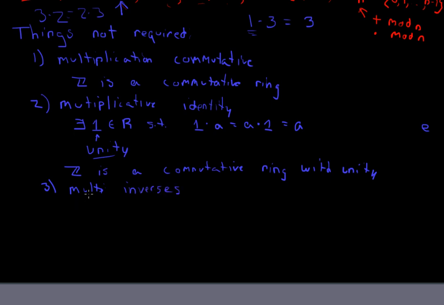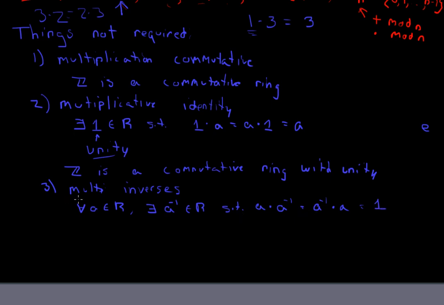So, if you do find a ring that does have multiplicative inverses, you would say that for all A in R, there exists, and we denote multiplicative inverses with a -1 power, a multiplicative inverse for A in R also, such that A times A inverse is equal to A inverse times A, which is equal to our multiplicative identity.